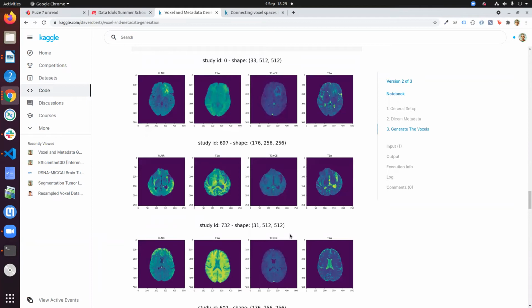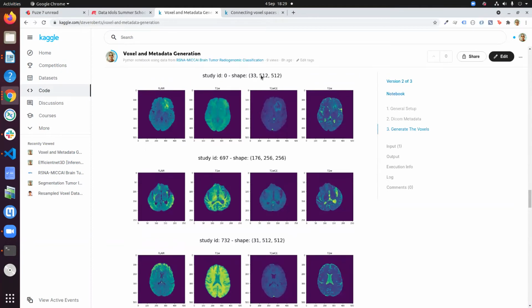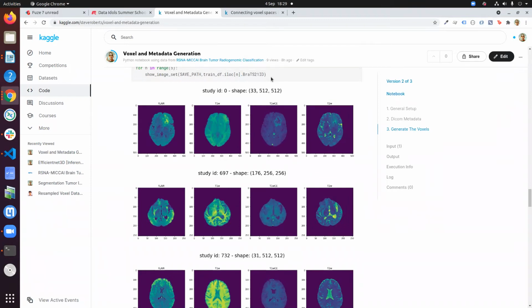And I think that's part of the problem as well, because this is generating 512 by 512 images, it ends up with a massive size, and I run out of disk space on the Kaggle kernel. So ideally, I would want everything down at 256 by 256. So I need to find a way to tell this to use a smaller size.